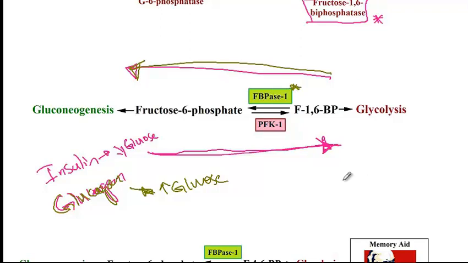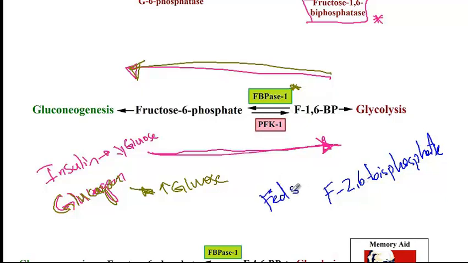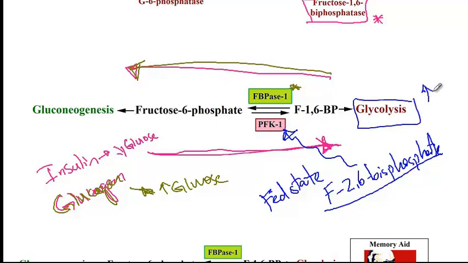There is also this intermediate molecule called fructose 2,6-bisphosphate, which can regulate the activity of these two enzymes. So during the fed state, there is increased production of fructose 2,6-bisphosphate, as a consequence of which it would promote activity of phosphofructokinase 1, and so glycolysis will increase.